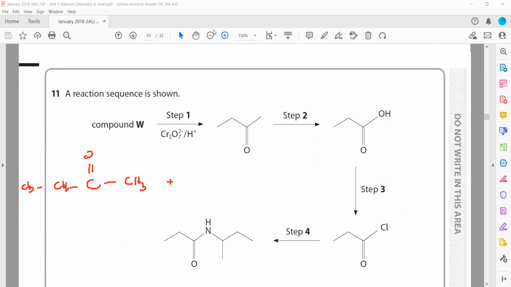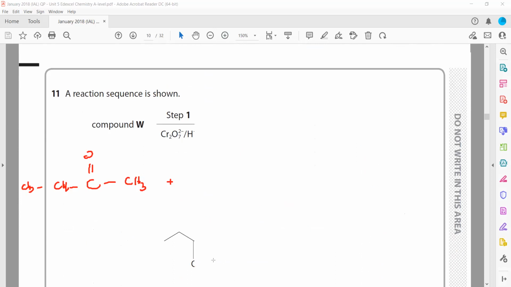So what will be the product? That is the triiodomethane reaction. If you remember, we are adding NaOH plus iodine.